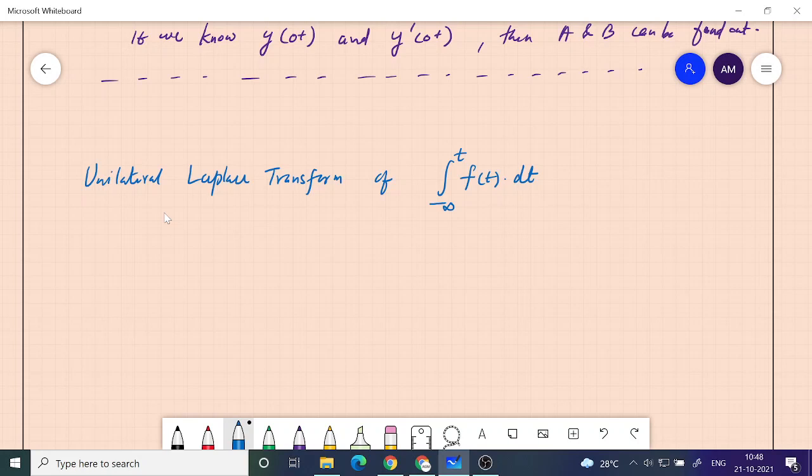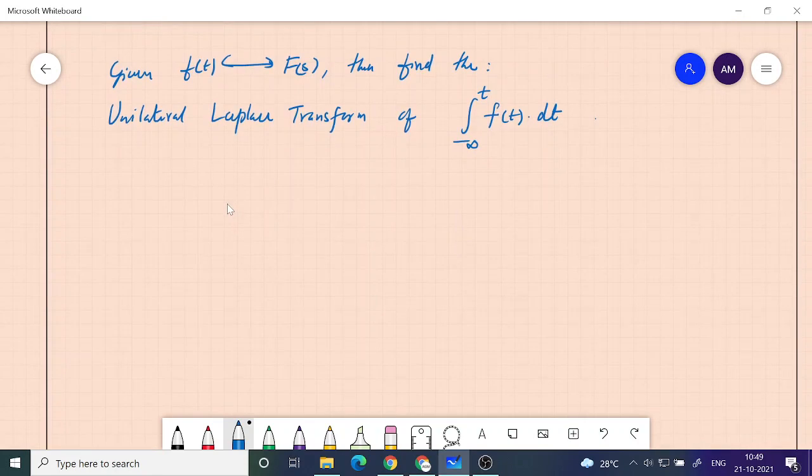So the question is: given f of t has a Laplace transform F of s, find the unilateral Laplace transform of this. So that is the question. How do we do this? This is a very important problem. So how can we do this?